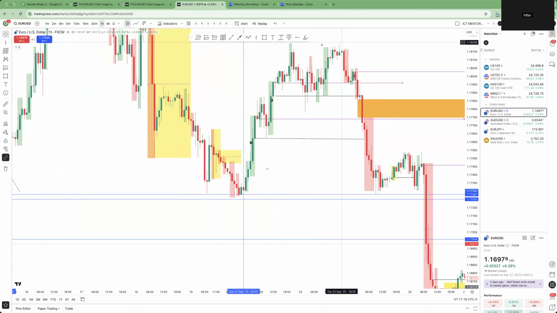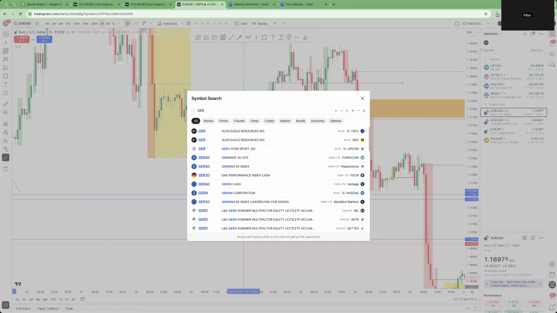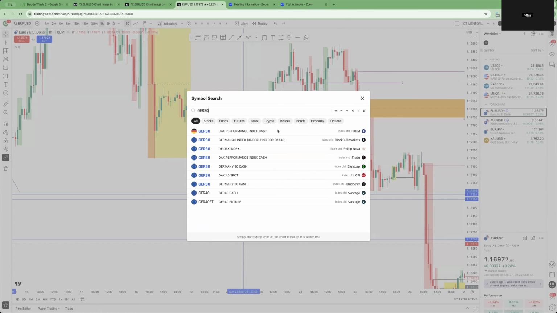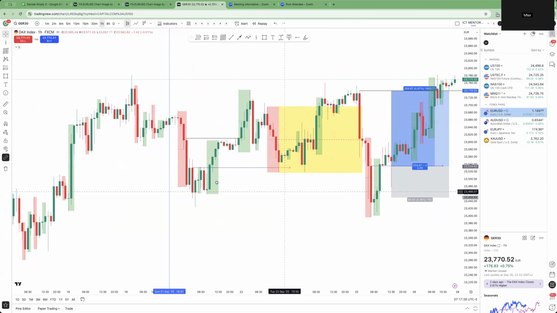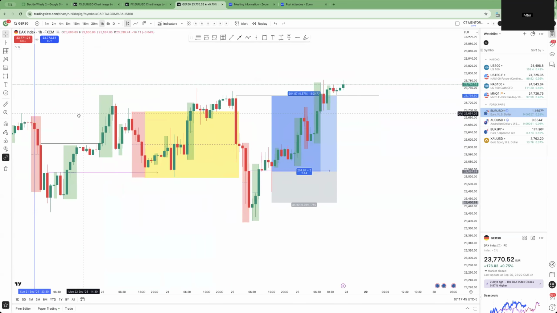Sometimes I just start at the beginning of the week, like we're doing with the DAX. I was just like, all right, I'm not going to trade before this time. So if I'm not going to trade before this time, then I'm just going to look at the expansion that is there, really.